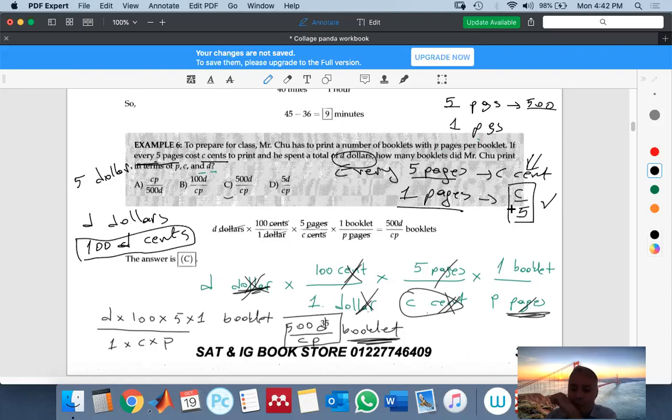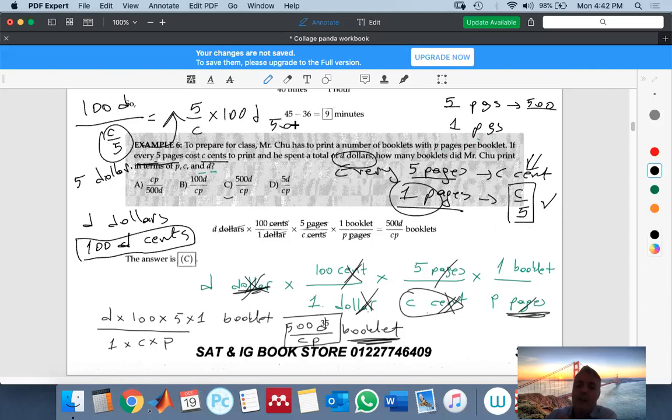Be careful now. One page is C over 5 cents. I have 100D. How can I solve this question? Of course, 100D divided by C over 5. When I calculate this, it becomes the reciprocal: 5 over C times 100D.